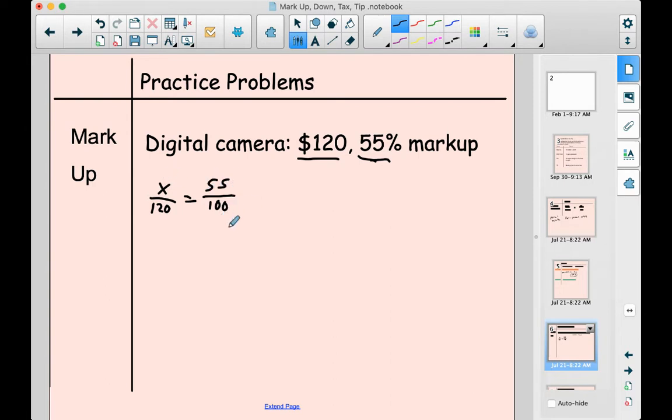Okay. So if I do some cross multiplying here, I get 120 times 55, which is 6,600, equals 100 times x, which is 100x. Divide both sides by 100.